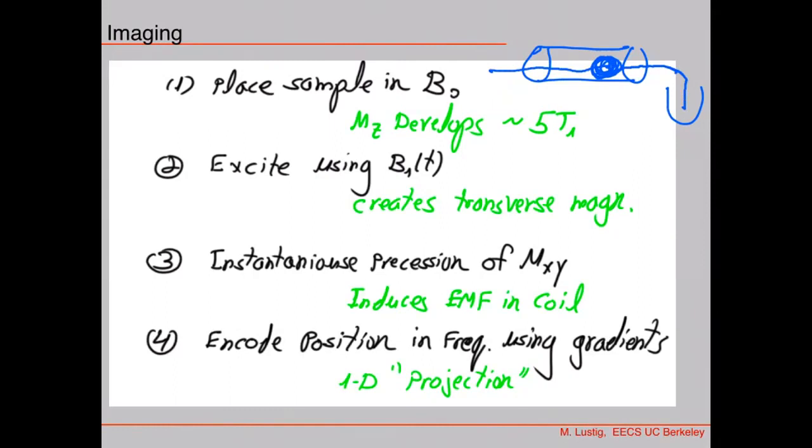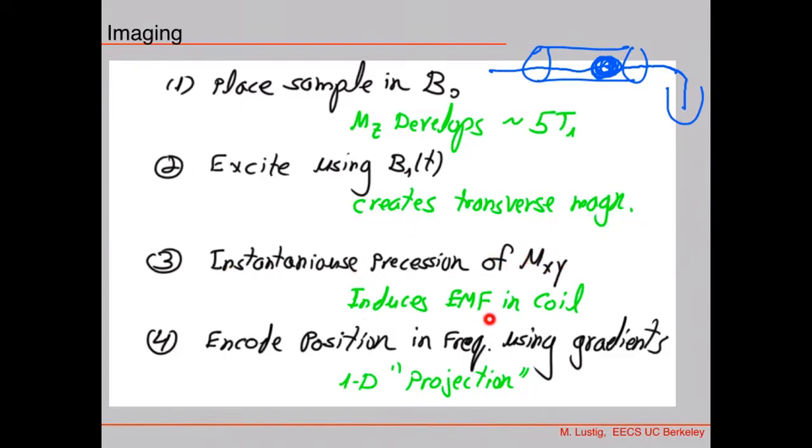Okay, so you put the sample in B0, then you excite using B1, and when you excite, you create some transverse magnetization. That transverse magnetization immediately starts precessing. What we're really interested in when it starts precessing is just the Mxy component, the transverse component of magnetization.